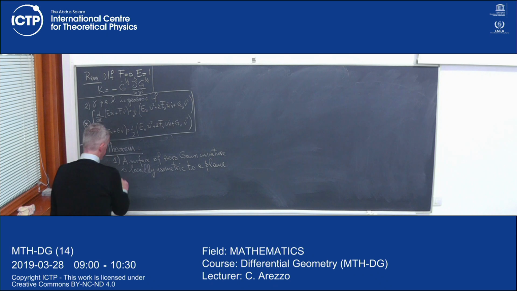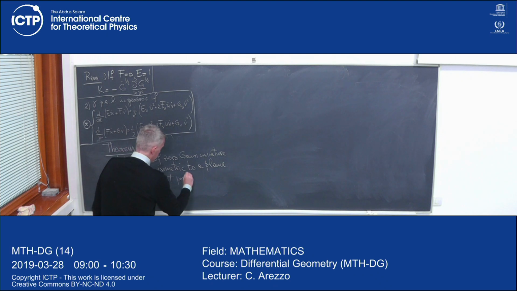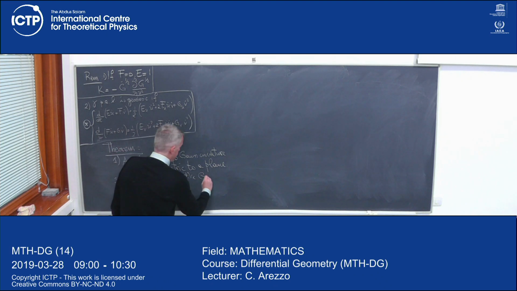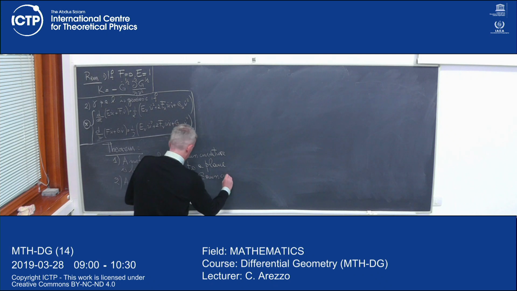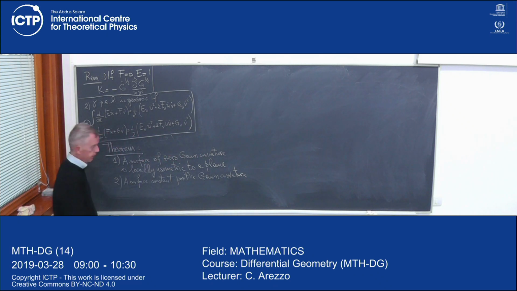So, 2: the surface of constant positive Gauss curvature. Again, you cannot say it's the sphere.